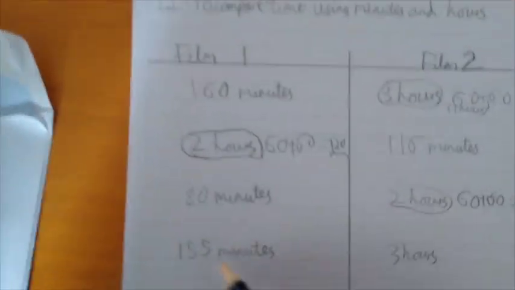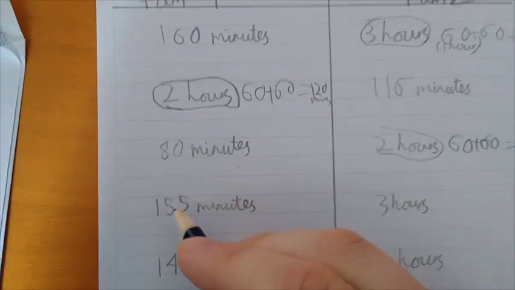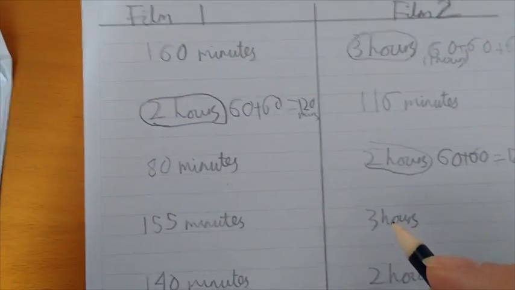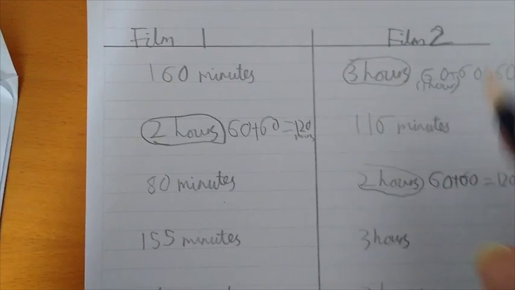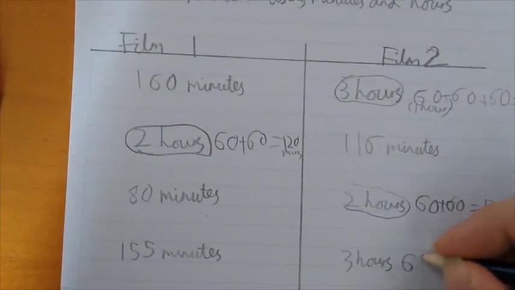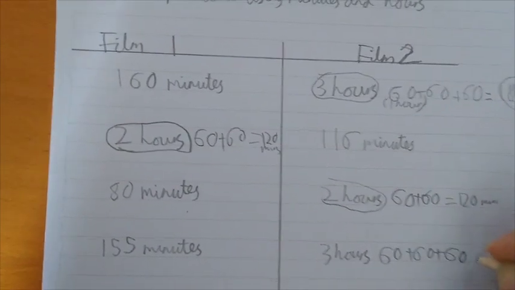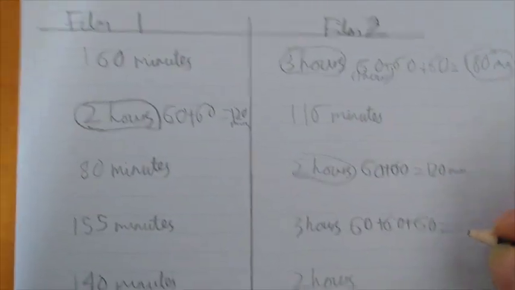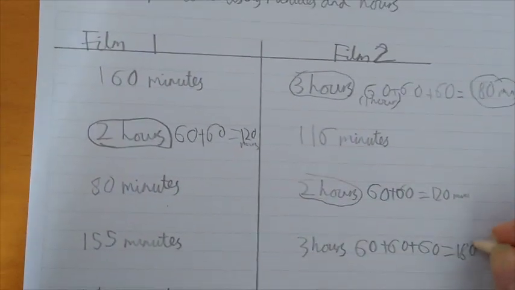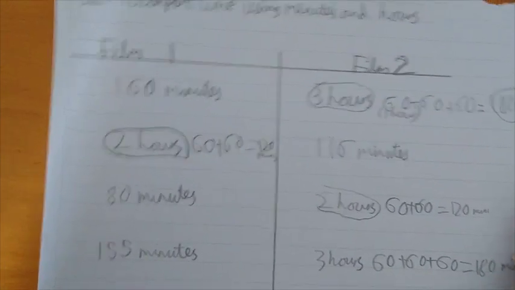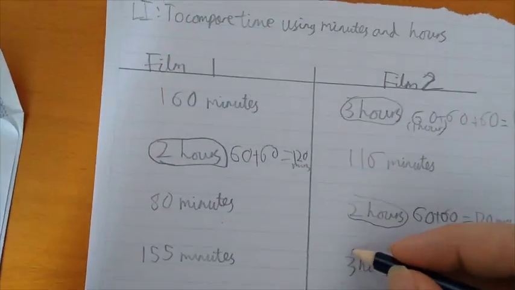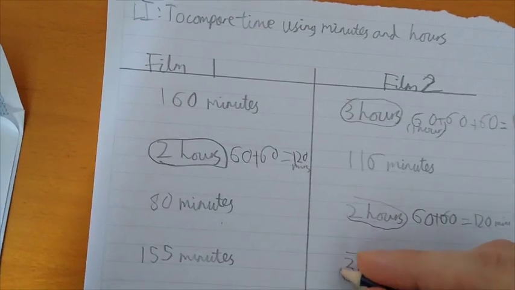Here we have 155 minutes versus 3 hours. Like we did there, we need to go 60 plus 60 plus 60, which equals 180 minutes. So 3 hours is the longer running time.